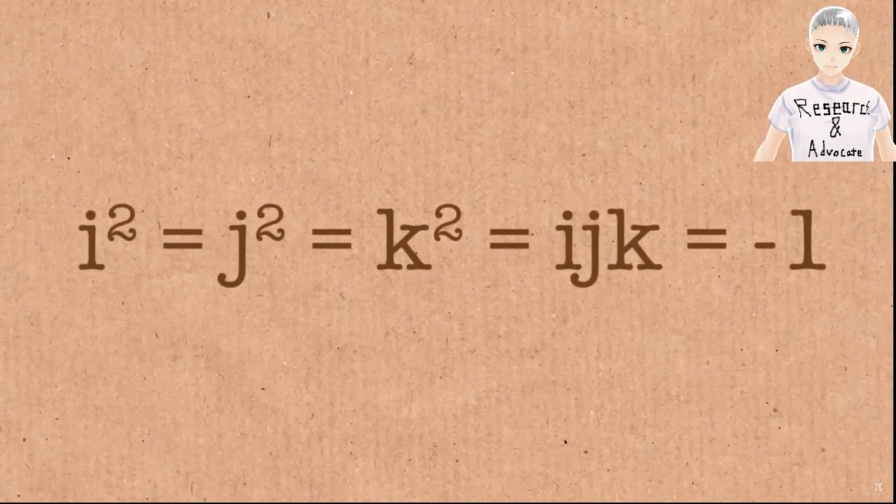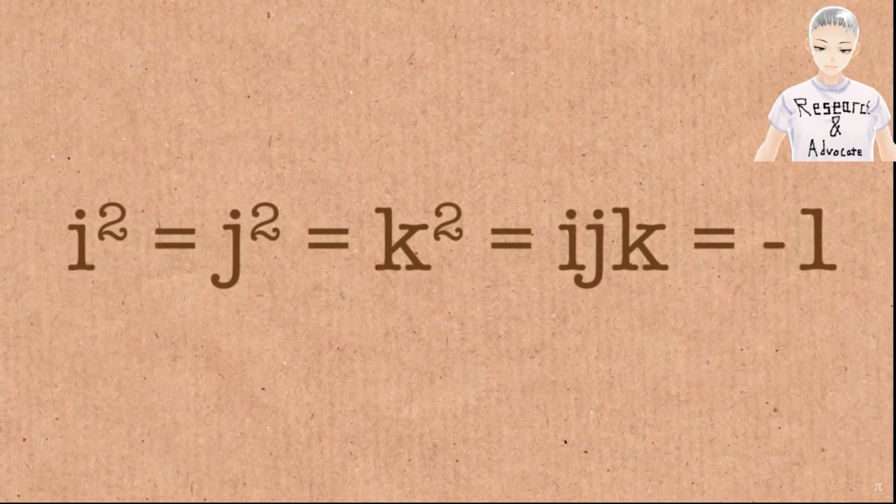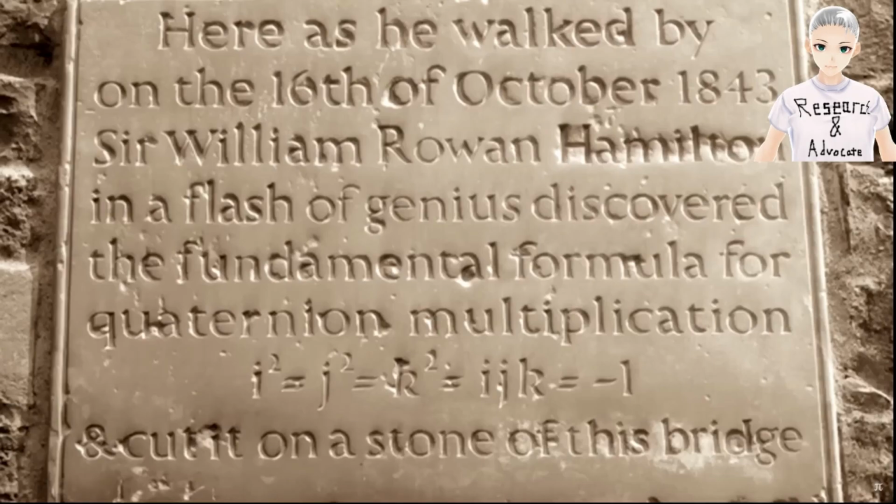He carved this into the canal bridge, which unfortunately, graffiti, what a vandal. Unfortunately, it's not there anymore, but now there is a plaque celebrating the rules, or his discovery of quaternions. The rules are there, and every year, mathematicians around Dublin have a pilgrimage to the spot where he had this idea for quaternions for the first time.